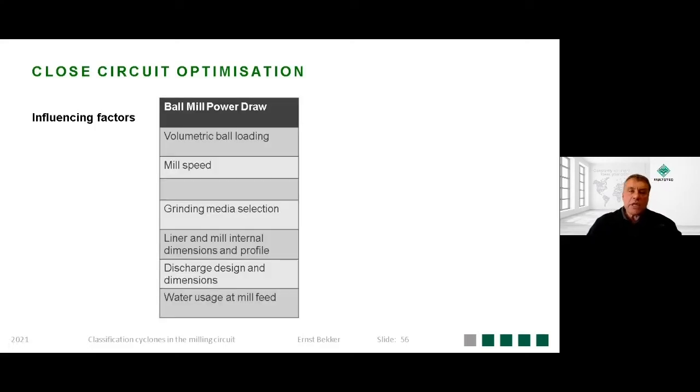If we start looking at it in summary, Waldo has already talked about that to a certain extent. Ball-mill power: you've got volumetric ball loading, mill speed, media selection, internal profiles of the liners, discharge design, water usage. Those are factors to look at for ball-mill power.